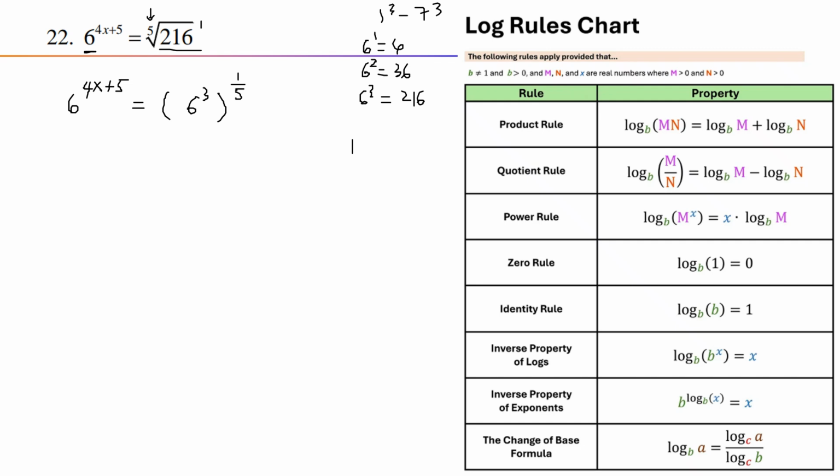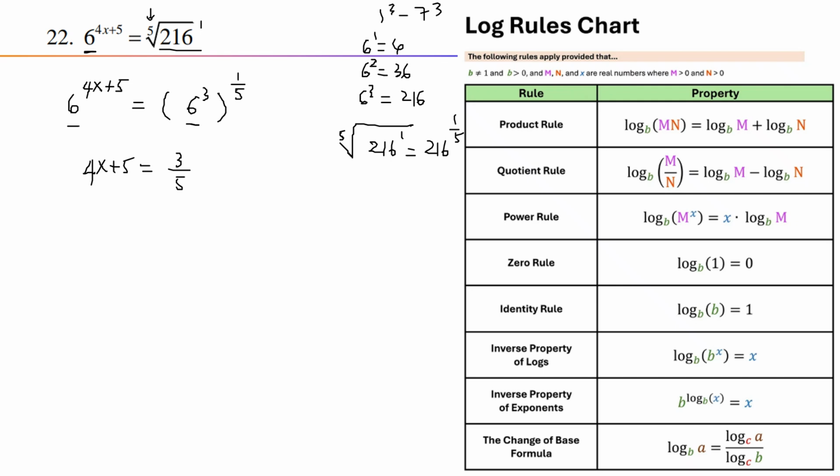Let's write down: this one will be the 5th root of 216, that is 216 to the 1/5, and this is to the power of 1. That makes sense? Okay, now we have the same base, so the only thing we need to do is set the exponents equal. So 3 times 1/5 is 3/5.